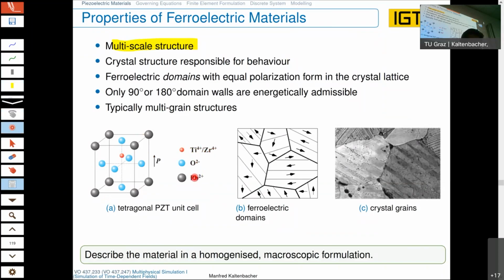And if we are below the Curie temperature, you already have a polarization in the sense that the centers of the positive and negative charges on this atomic level are not at the same position, and we can describe this, as we did in electrodynamics, by the so-called polarization vector pointing in, let's say, z direction.